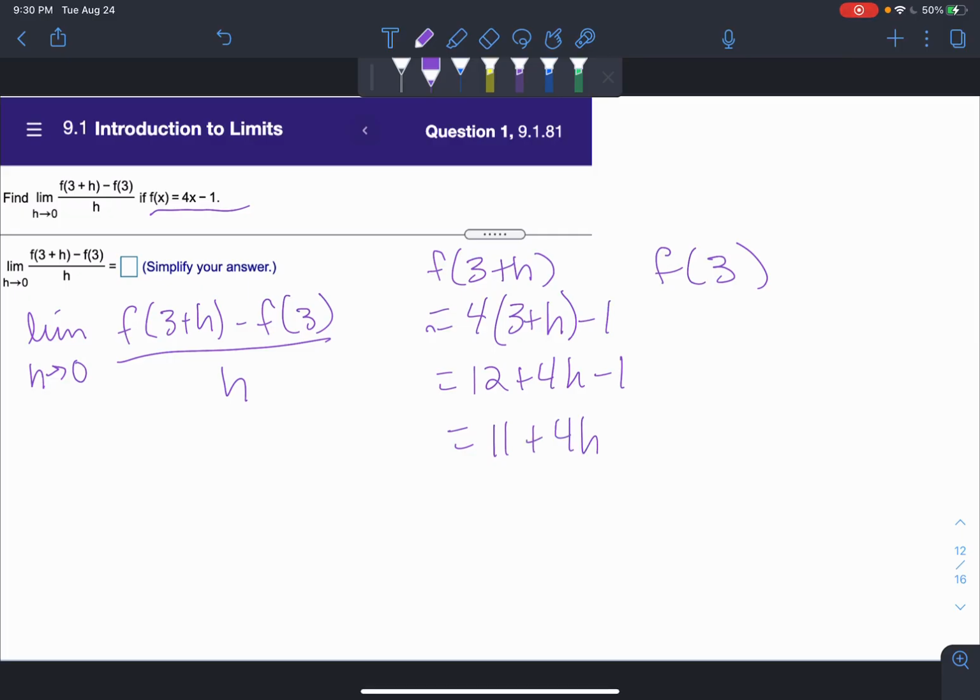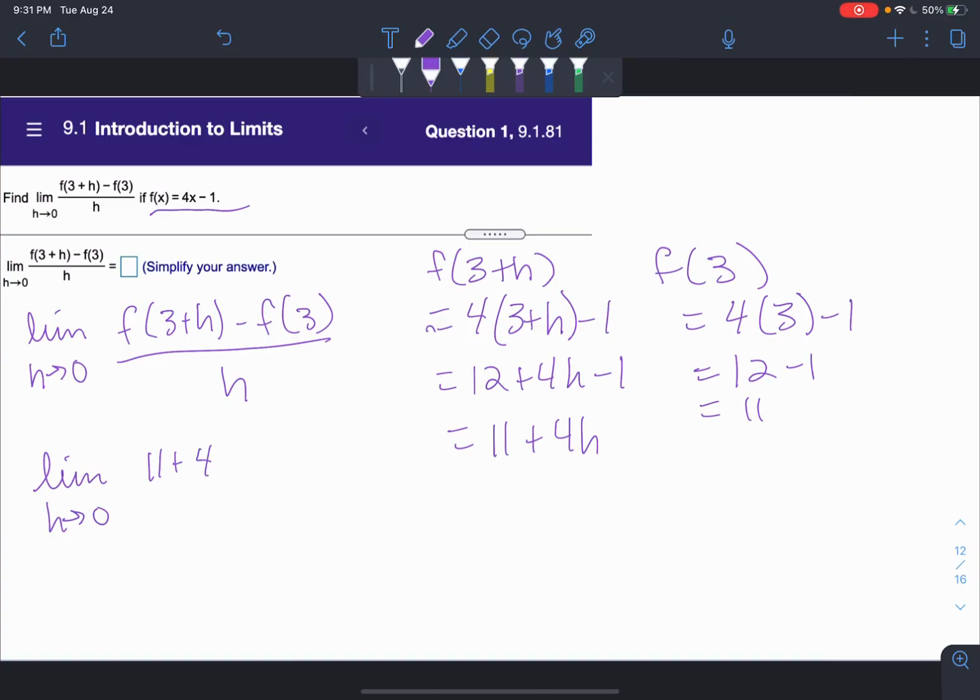I'm going to do the same thing for f of 3, and I'm going to get 4 times 3 minus 1, or 12 minus 1, 11. So then when I plug it into the original limit, I have 11 plus 4h minus 11 over h.